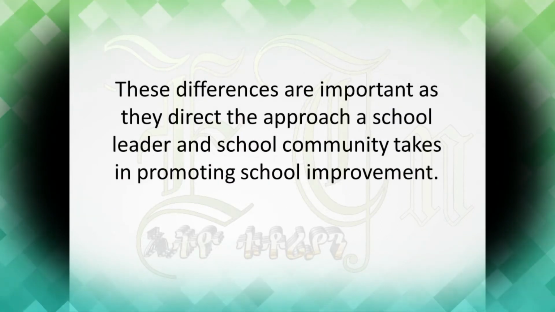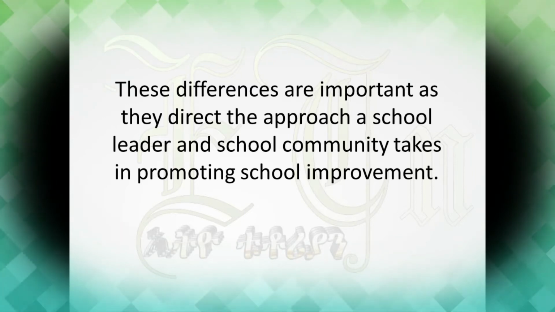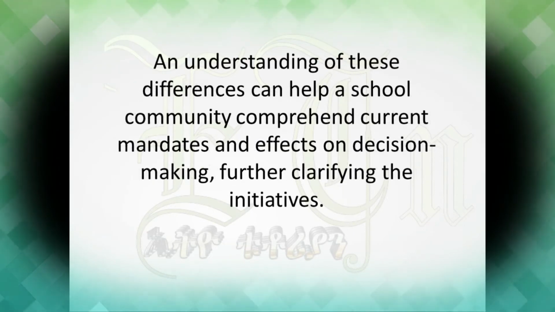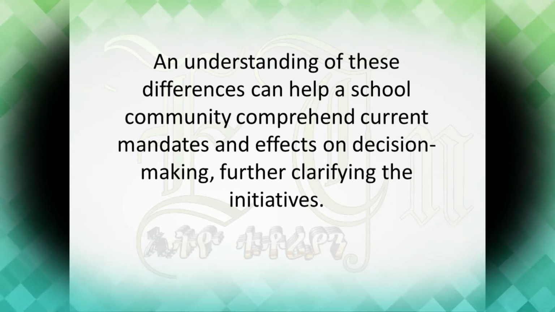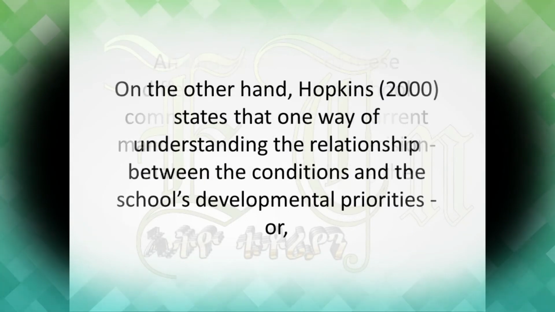These differences are important as they direct the approach a school leader and school community takes in promoting school improvement. An understanding of these differences can help a school community comprehend current mandates and effects on decision-making, further clarifying the initiatives.